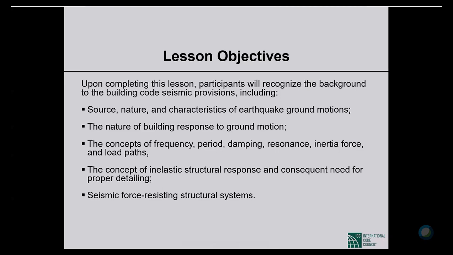and characteristics of earthquake ground motions, the nature of building response to ground motion, the concepts of frequency, period, damping, resonance, inertia force, and load paths. We come across these terms all the time. We need to know exactly what they mean.